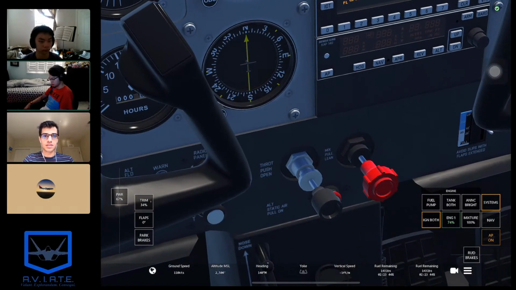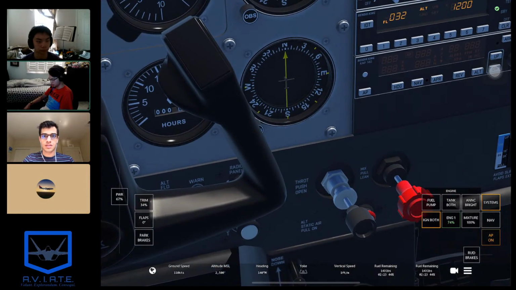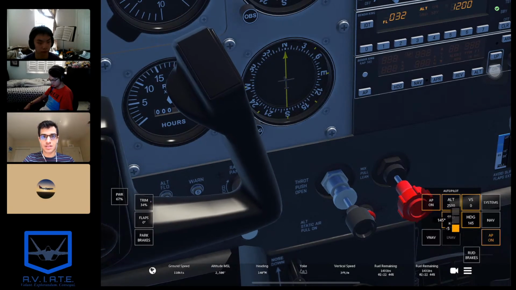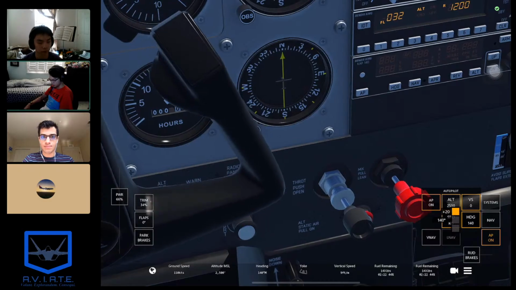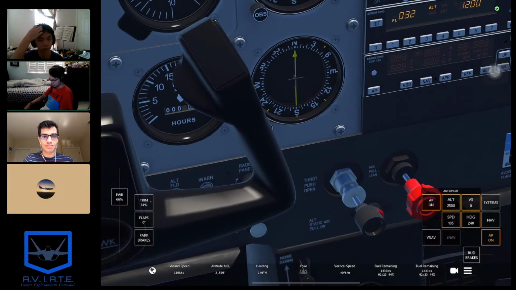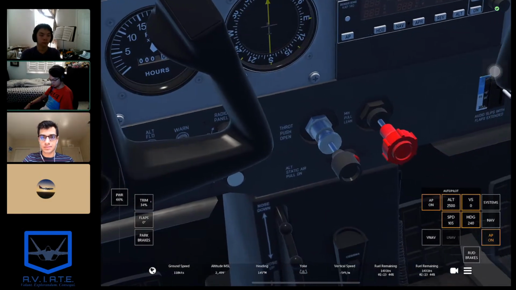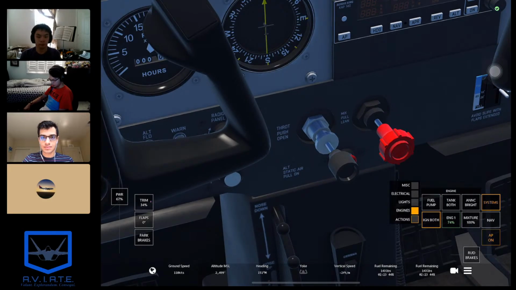It is hard to display in this one. There's like a sweet spot in there. If I start a turn, well, I can't really show, but I will just start leaning out the mixture.